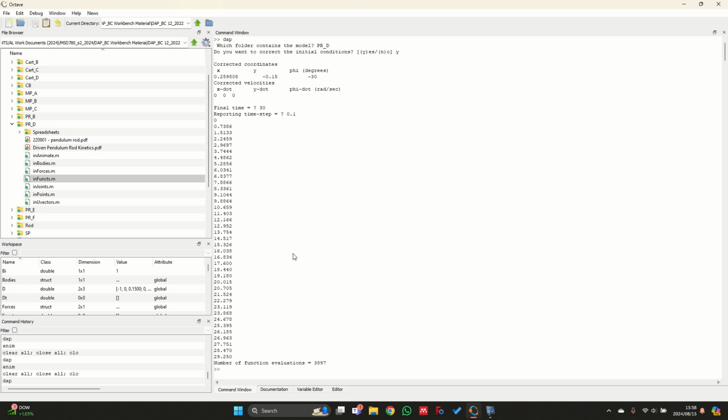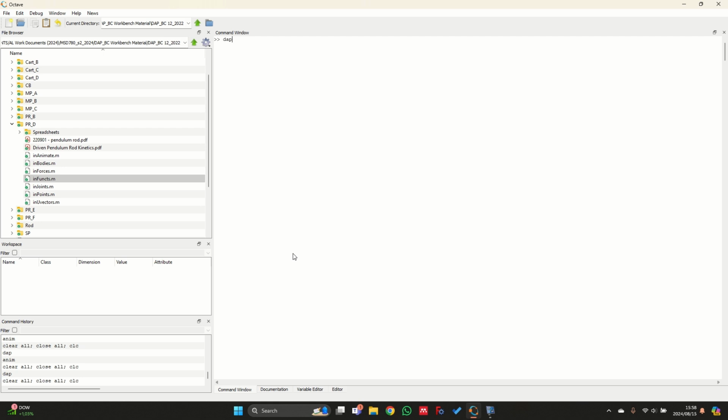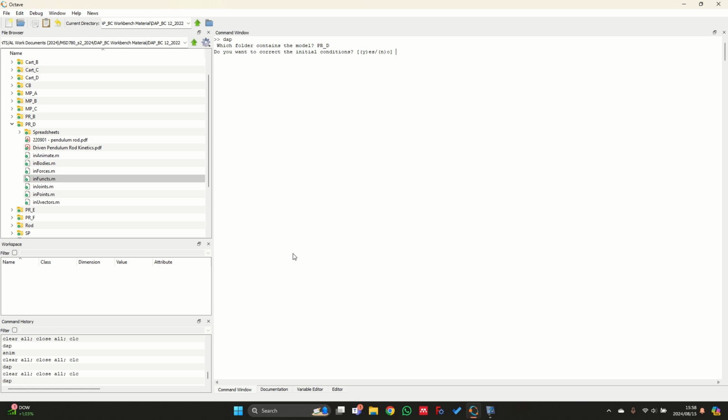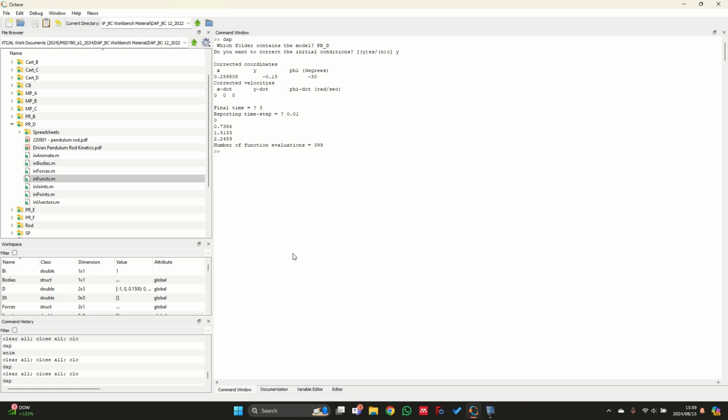Okay, so this one took too many function evaluations, so I think we should make the time step a bit smaller. Let me clear it again and use dap PR_D, 3 seconds with a 0.01 second time step. Okay, now it only took 400 function evaluations.